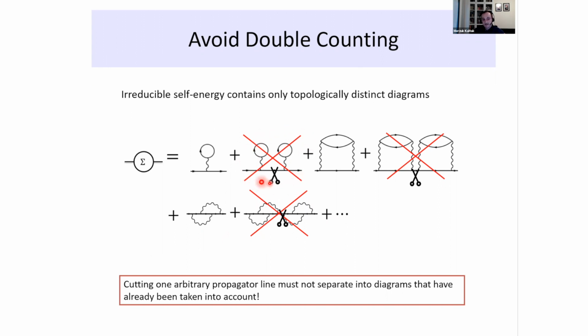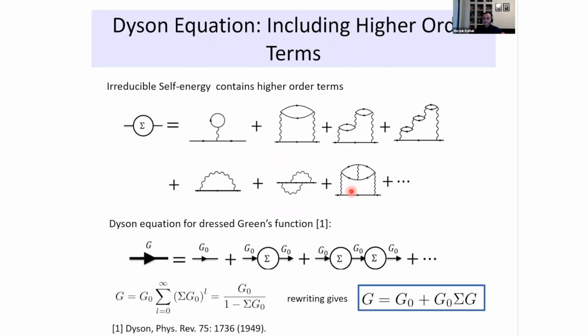So the second diagram is not irreducible because you can remove one arbitrary propagator line, for instance, this one in the middle, and you end up with 2 times the first diagram. So that diagram is not included. The same actually for this diagram. If you cut it through, you end up with this irreducible diagram times 2, and so on. Now, lower order diagrams in the irreducible self-energy look like so.